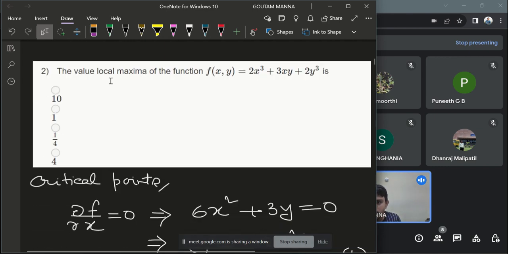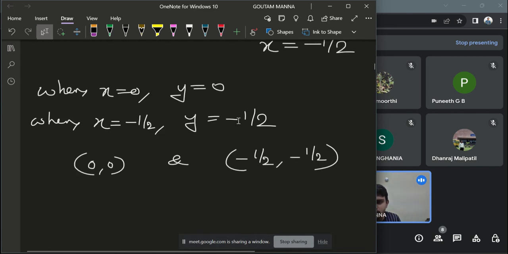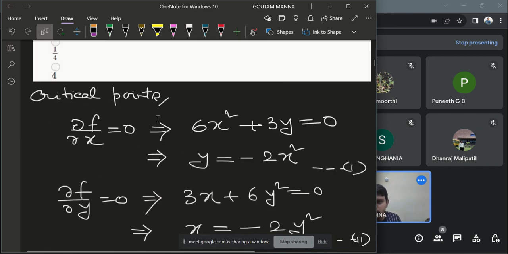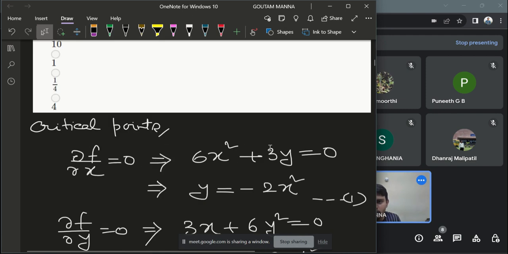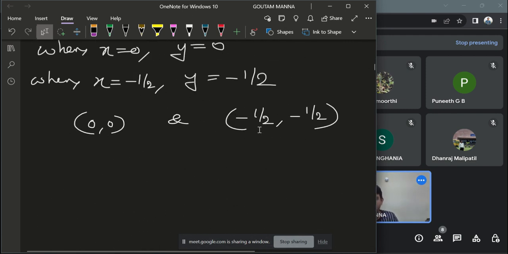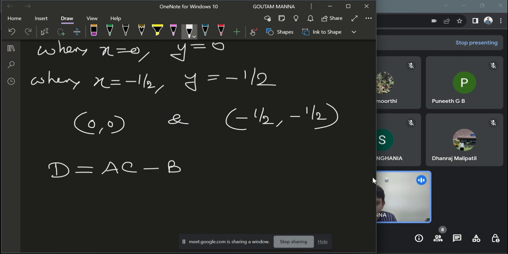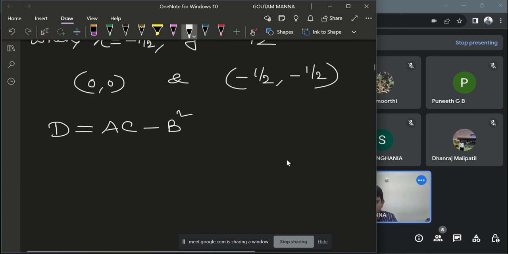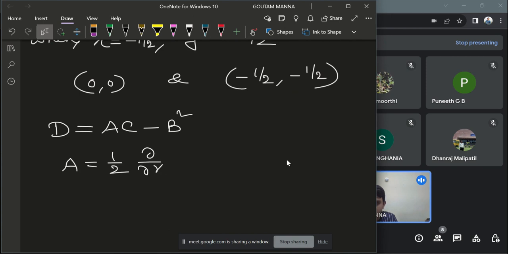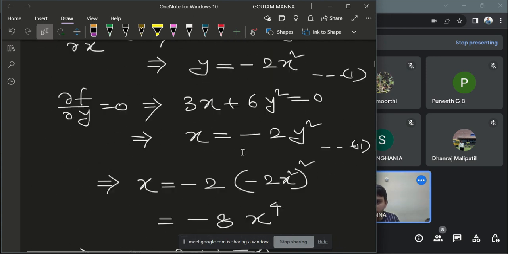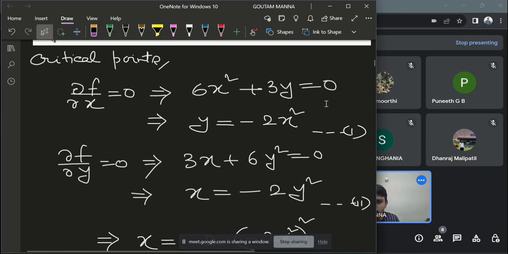So now we need to find out whether these critical points are local maxima, local minima, or saddle points. For that we need to calculate the discriminant, D is AC minus B square, where A is half of del x of del f del x, and del f del x is 6x square plus 3y.